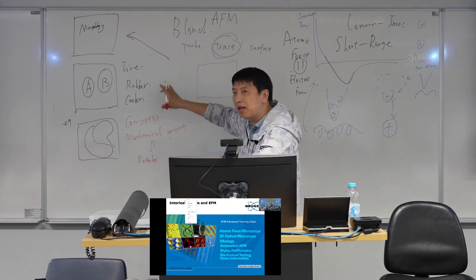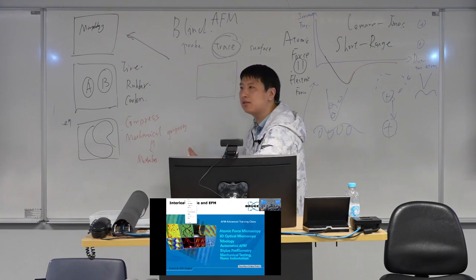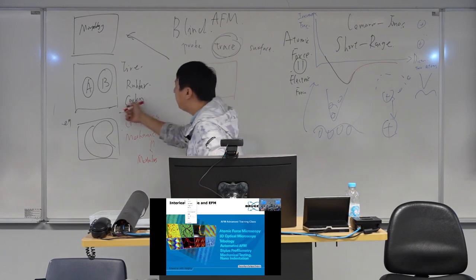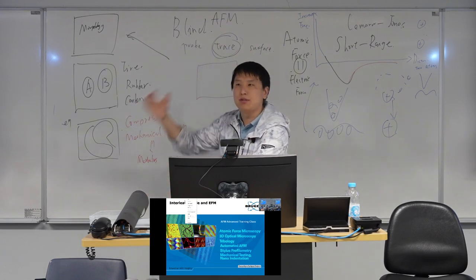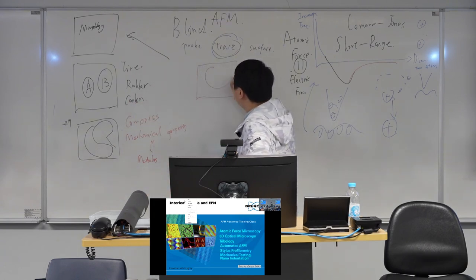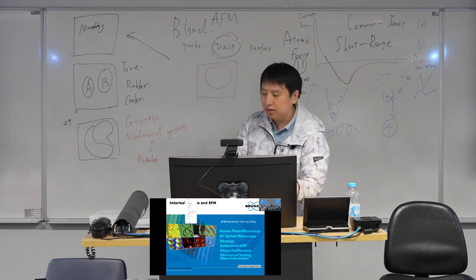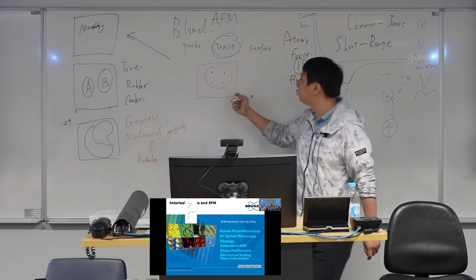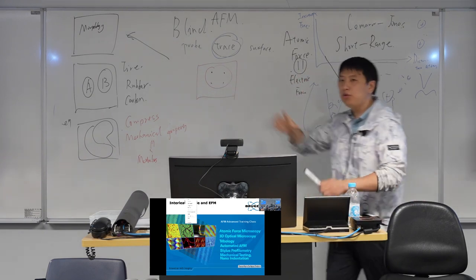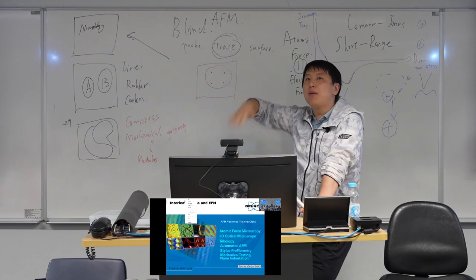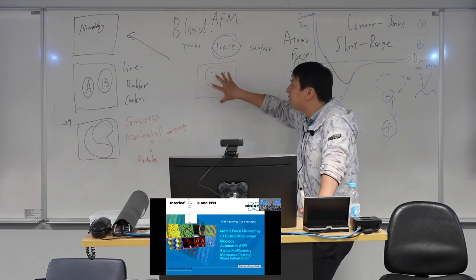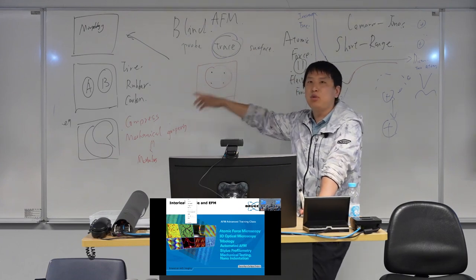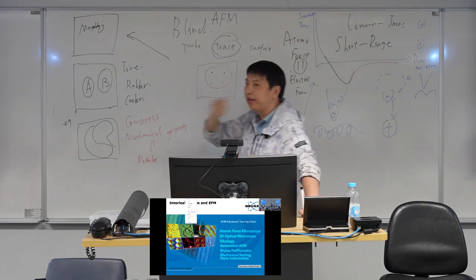It works, but it does not work every time, because the carbon is not always on the surface. Sometimes there are some carbons buried inside the rubber. If you use the probe to compress on it, you always touch the rubber. You cannot touch the carbon. Then what can we do?